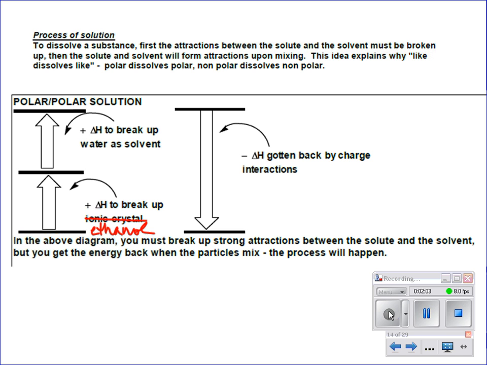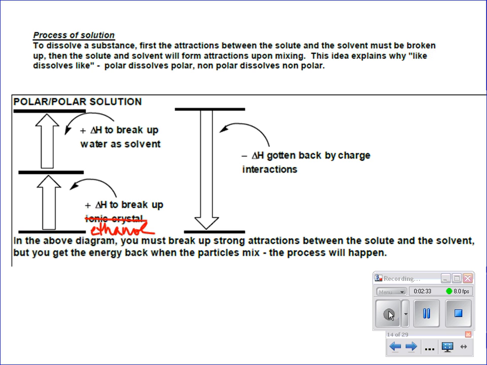In order for these to become miscible and come together, what has to happen to these sets of molecules in my hands? These have to overcome their own intermolecular forces in order to mix with these, and these have to overcome their intermolecular forces in order to mix with these.